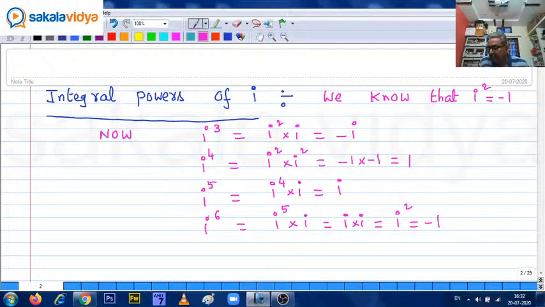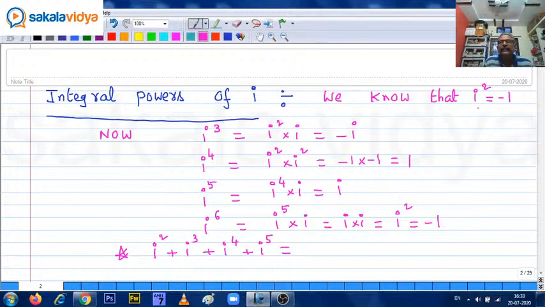Next, check one thing: I square plus I cube plus I to the power of 4 plus I to the power of 5. What is the value of this?